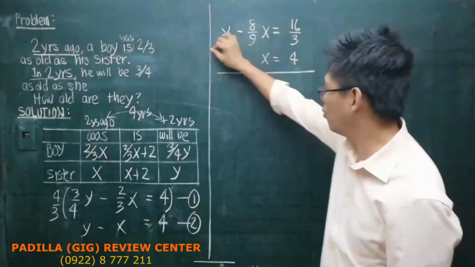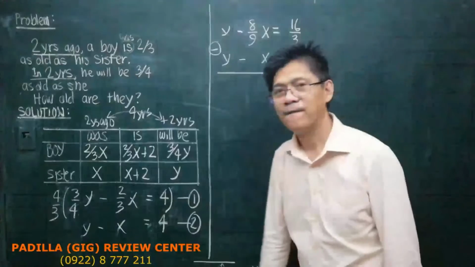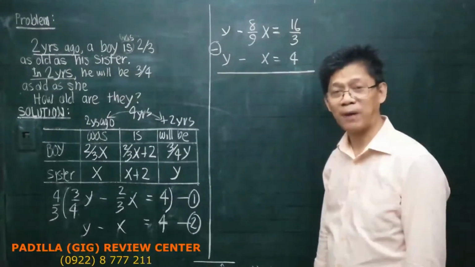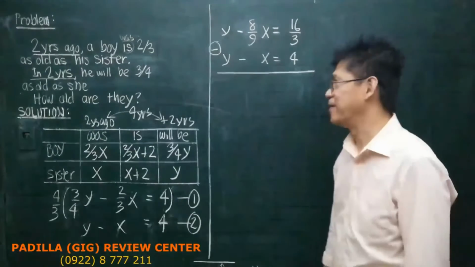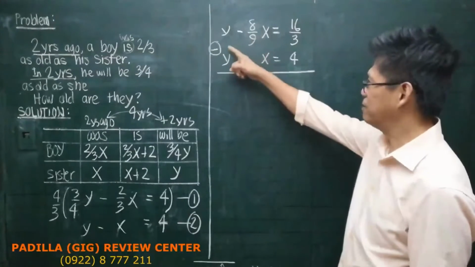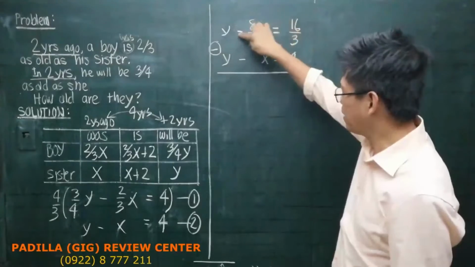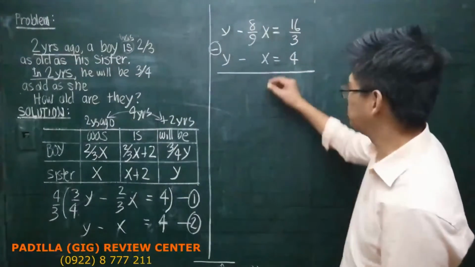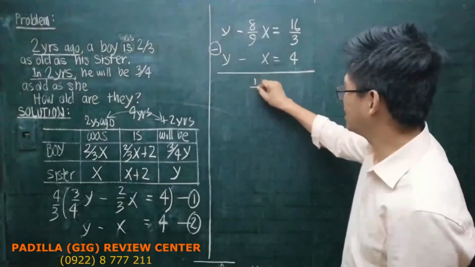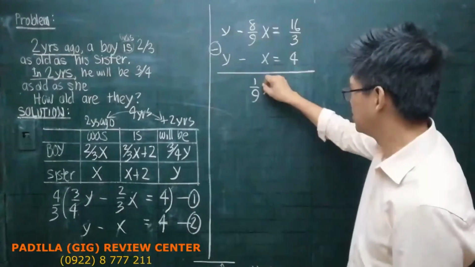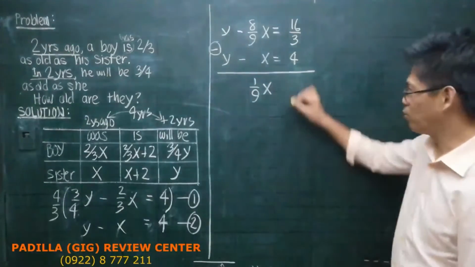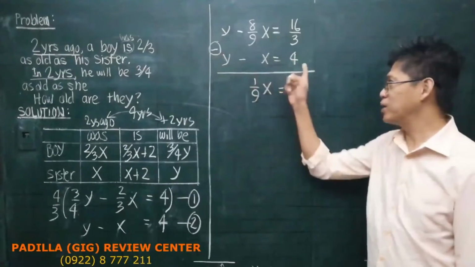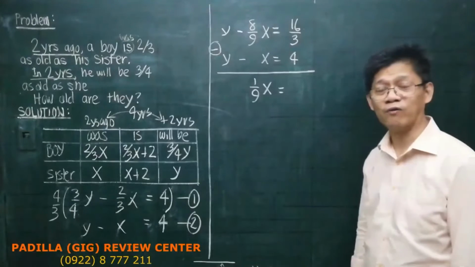So, we now subtract. Minus minus would be plus. Right? Okay. So, you have here minus 8/9 plus x, which would be plus 1/9 of x, equal to 16 over 3 minus 4 over 3.